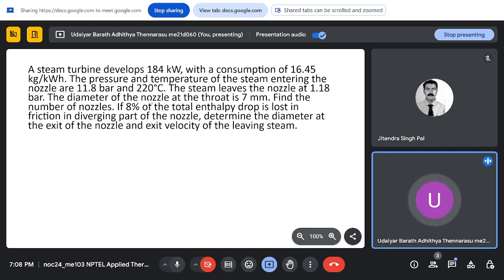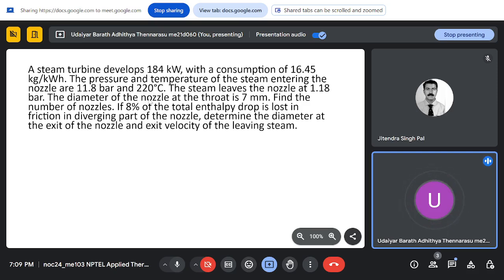The steam leaves the nozzle at 1.18 bar. The diameter of the nozzle at the throat is 7 millimeter. Find the number of nozzles if 8% of total enthalpy drop is lost in friction in diverging part of the nozzle. Determine the diameter at the exit of the nozzle and exit velocity of the leaving steam.